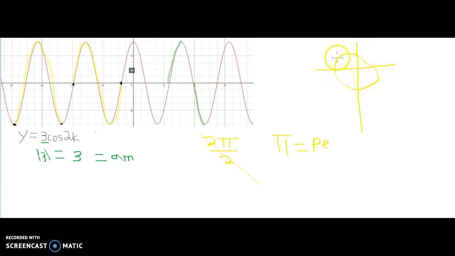If you started at any point, it would take exactly 2 pi to get back to that point. So whether you go in this direction or this direction, and the fact that you can go in either direction and come back to the same point is why you take the absolute value under 2 pi.